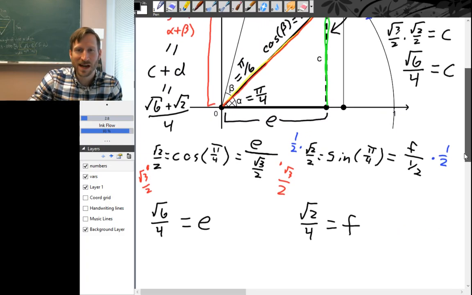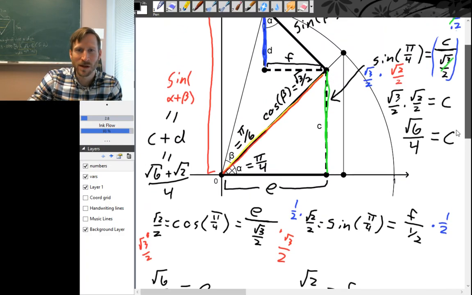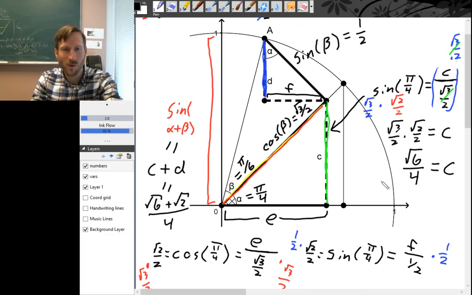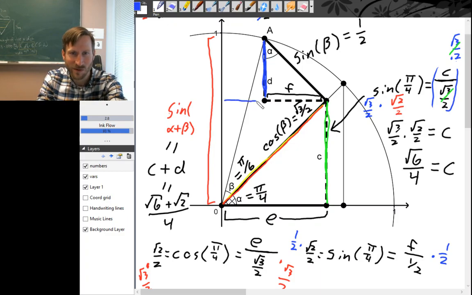Well, if we go back up to this diagram, notice that the x-coordinate we want, here, let me mark it, it's this red distance here. This x-coordinate we want is e minus f. You actually don't add them, you subtract them. You have to take away f from e.